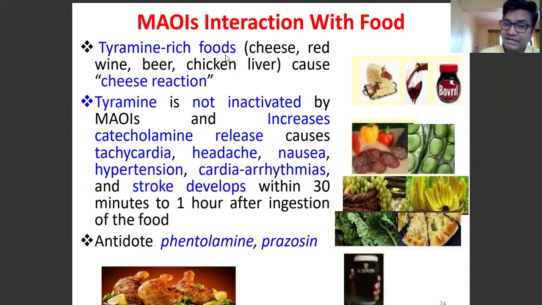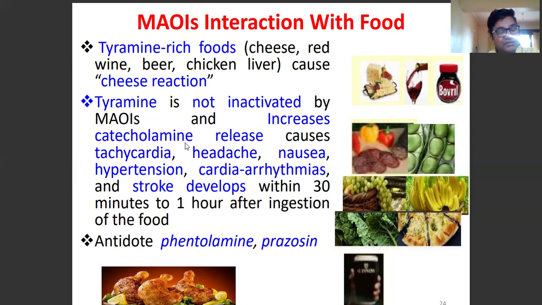So tyramine-rich foods like cheese, red wine, beer, chicken liver cause the cheese reaction. What is that? They will not inactivate tyramine, so the levels of these amines will increase. When tyramine is increased, what happens?